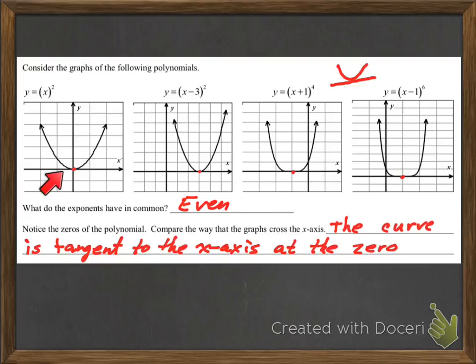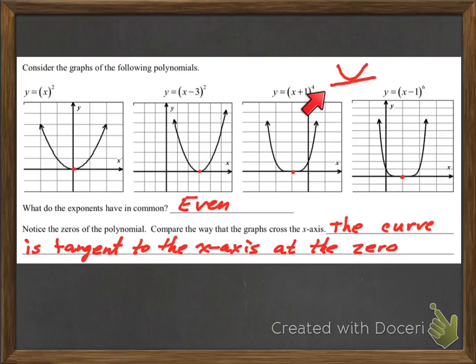Well, as this graph moves to the left, your function is going up. And as you move to the right, your graph is also moving up. That happens on all of these that have an even exponent. Doesn't matter what the exponent is as long as it's an even number.